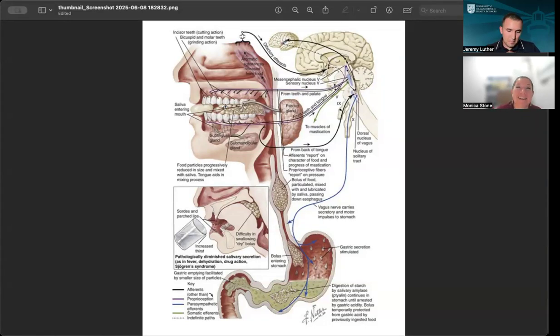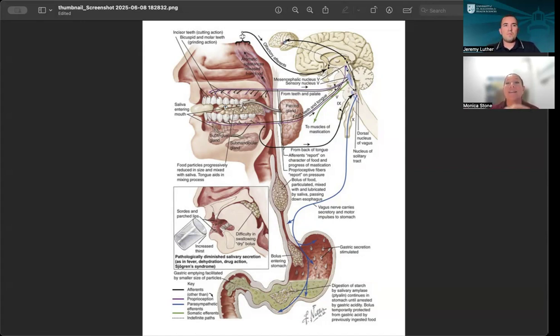Perfect. Thanks, Jeremy. Stage 3, we have the pharyngeal phase. This is an involuntary phase, and it is also reflexive or autonomic. This stage is triggered by that bolus touching the faucial pillars at the posterior portion of the oral cavity.